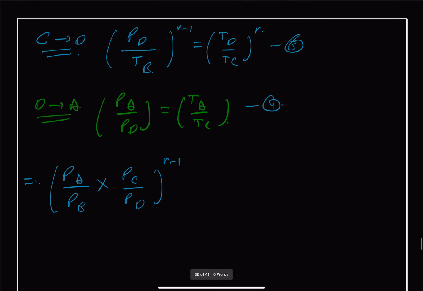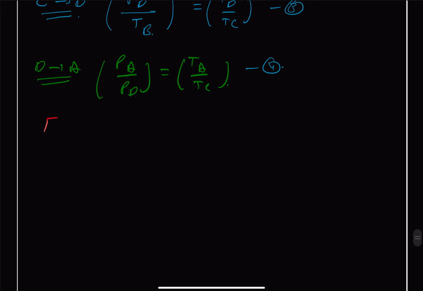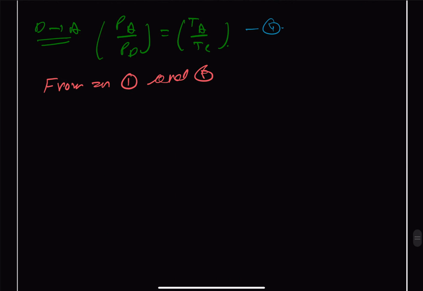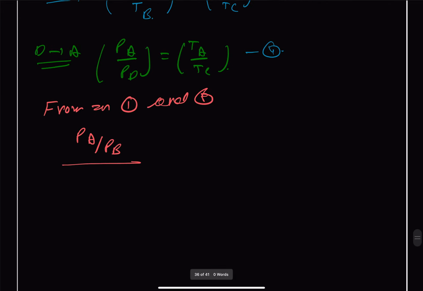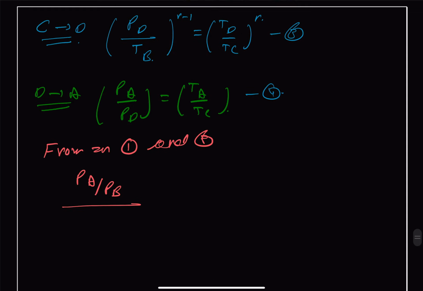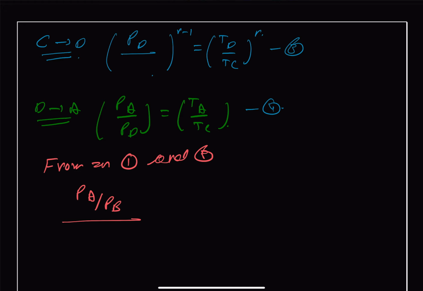From equation 1 and 3 we get PA by PB divided by PD by PC, okay, this has to be PC, so now it looks good.